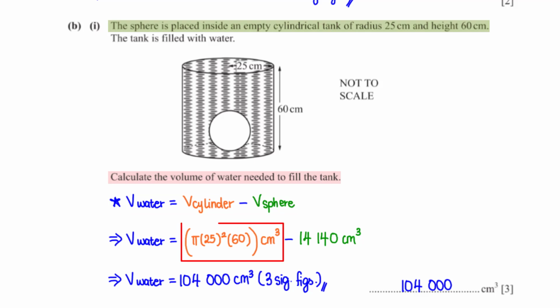The formula for the volume of a cylinder is pi r squared h, where the cylinder has radius r as 25 centimeters and height h as 60 centimeters. We already know the volume of the sphere as 14,140 centimeters cubed. When we type this into the calculator, we get 104,000 centimeters cubed, rounded to 3 significant figures.